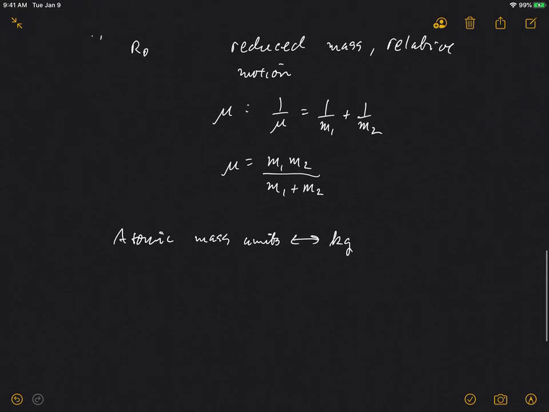A lot of times it's easy to initially calculate your mu using atomic mass units, since they're often integers, unless you're dealing with relativistic corrections. We can just use atomic mass units being the number of protons and neutrons, and one atomic mass unit is the mass of a proton.